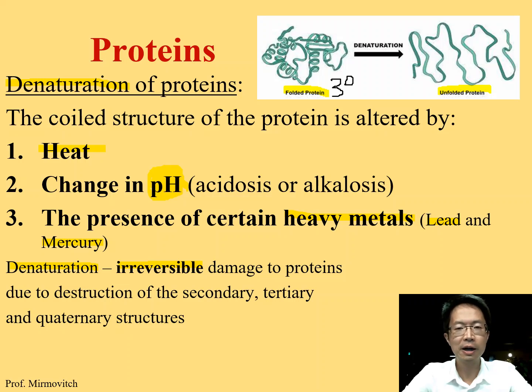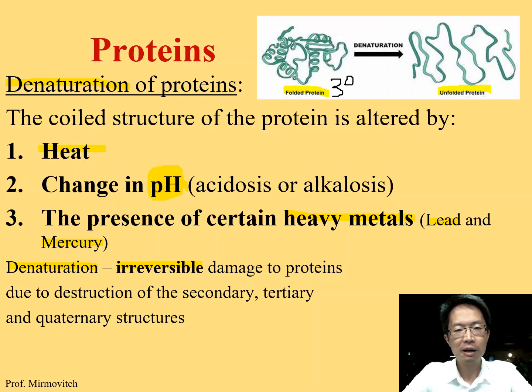How do we kill the bacteria? When we heat the food, bacteria on the surface of the food will also receive heat. What happens is that during high heat, the enzymes, which are made of protein, living inside the bacteria, in the cytoplasm, will be denatured.